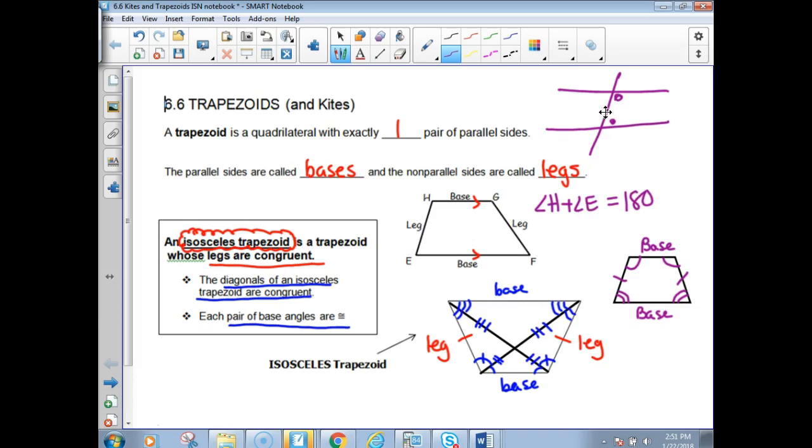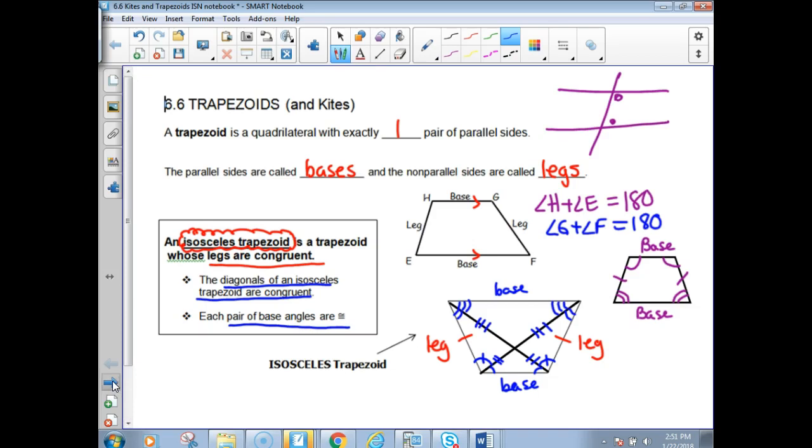So you don't have to draw that. I just drew it to remind you of where we came from. So we also have angle H plus angle E is 180. Angle G plus angle F would equal 180. They are supplementary. All right, that's about all we need to say right now about those trapezoids.